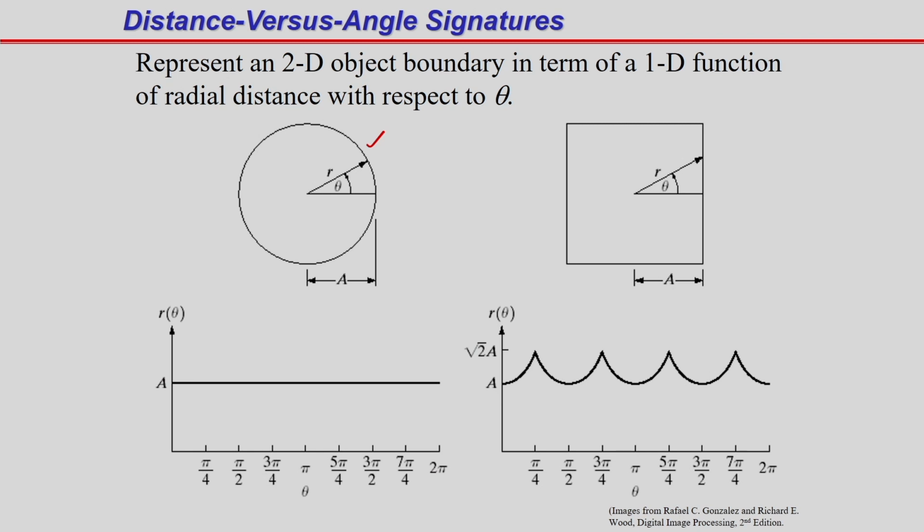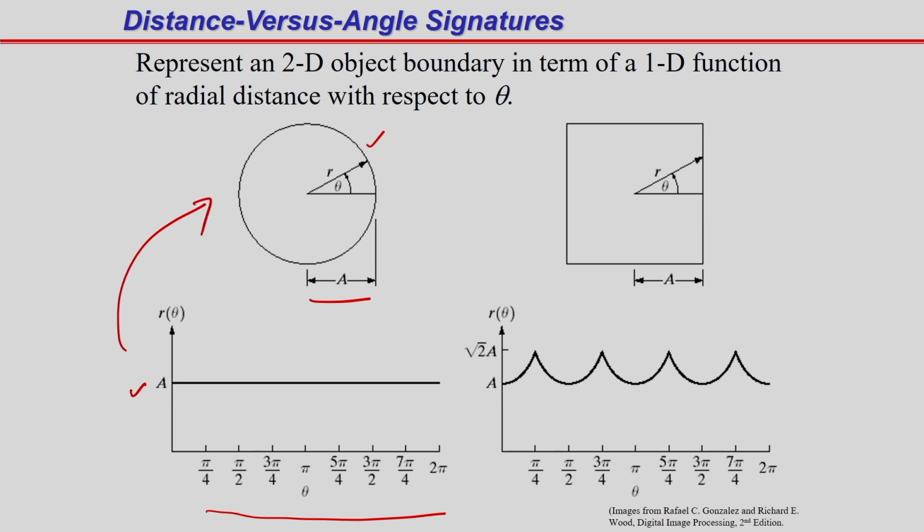For a circle, the radial distance will always be constant, the value is always a, corresponding to all the angles starting from 0 degree, pi by 4, pi by 2, 3 pi by 4, pi. For all the angles the radial distance is fixed, that is a, for the boundary of the circle.